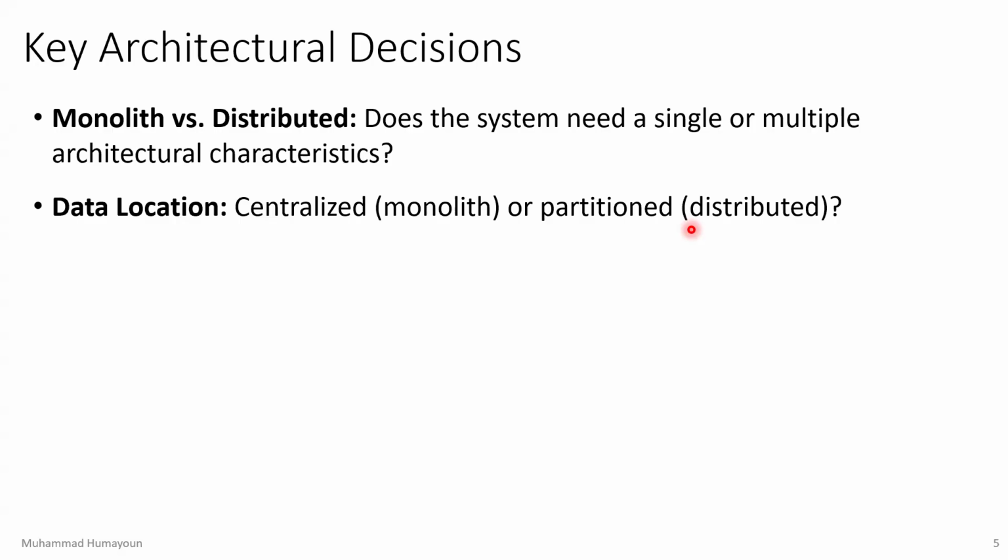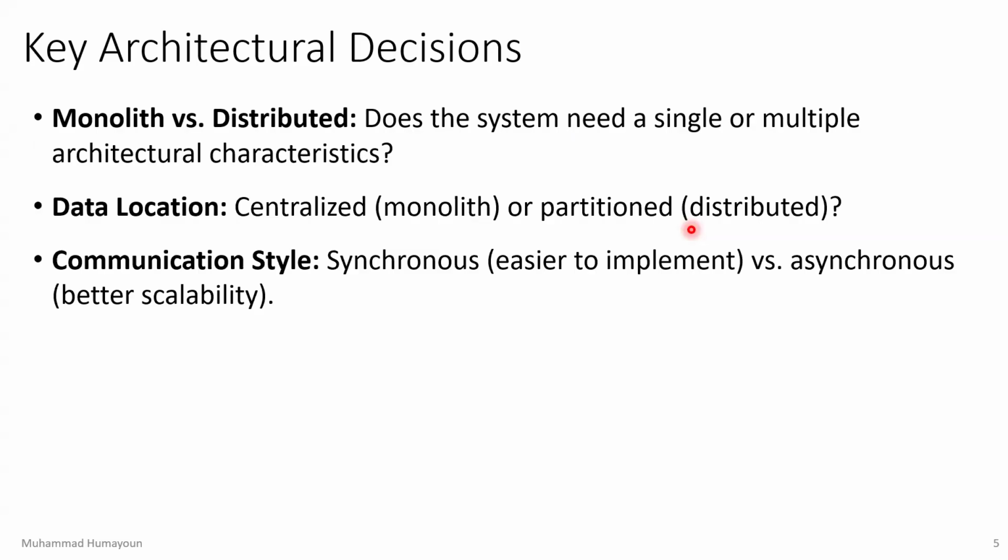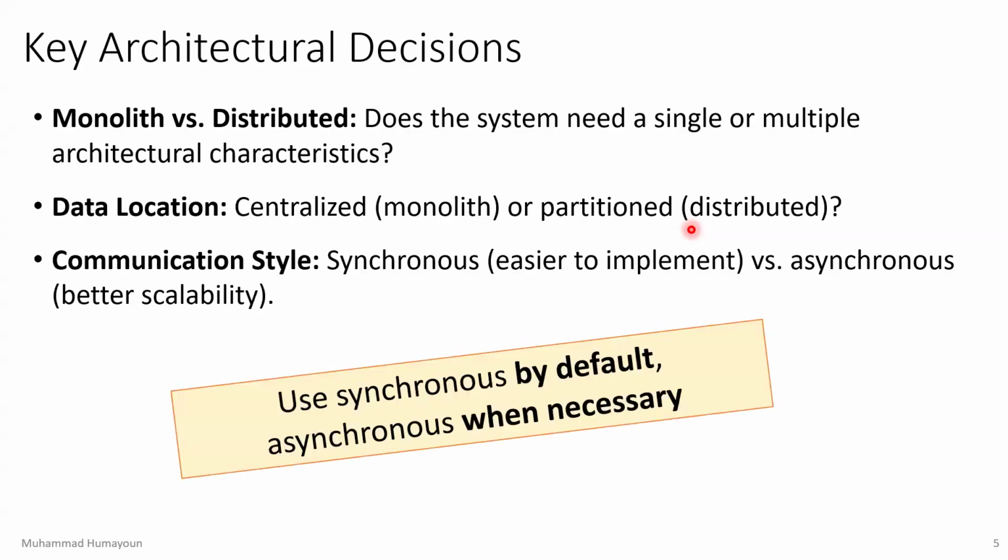Communication style: should you rely on synchronous communication, which is much easier to implement, versus asynchronous communication that scales better, but performance can degrade? So you have to think about that also. What we can do is start with synchronous by default and asynchronous whenever it is necessary.